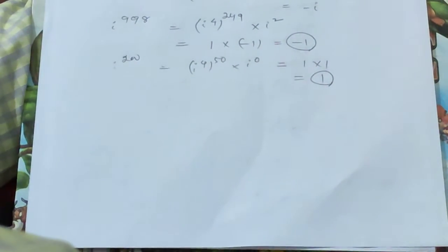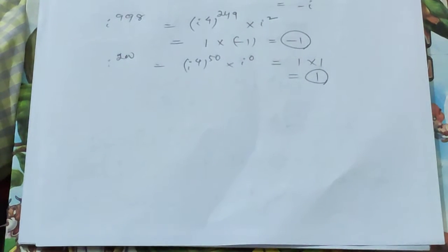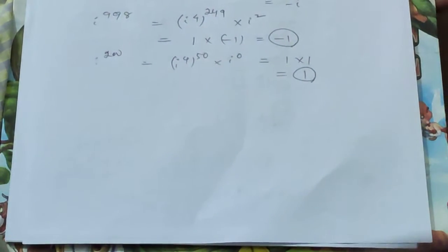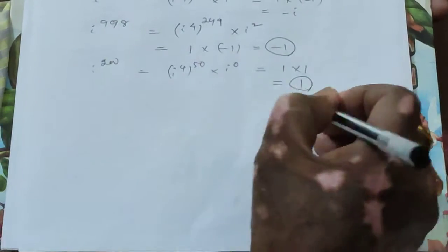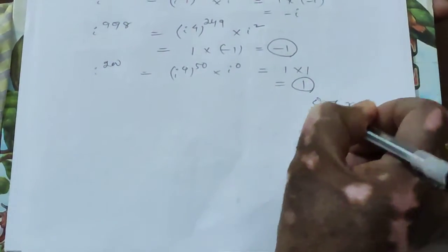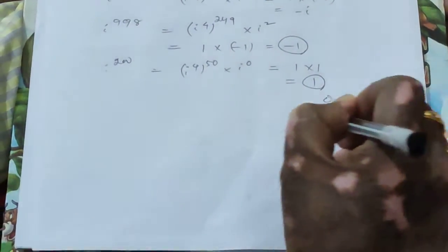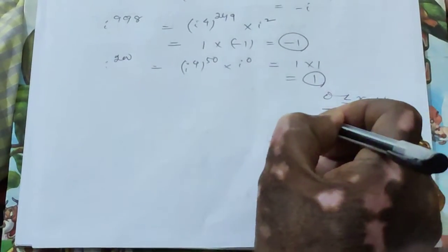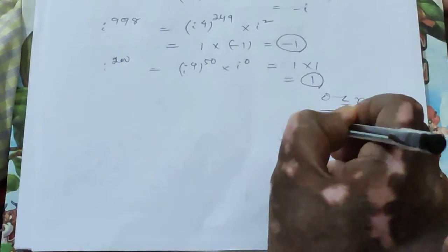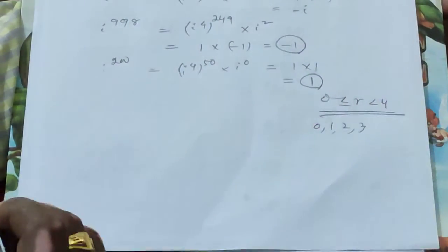So when the power is divided by 4, we are getting the remainder 0 or more, but less than 4. Either the remainder may be 0 or 1 or 2 or 3.